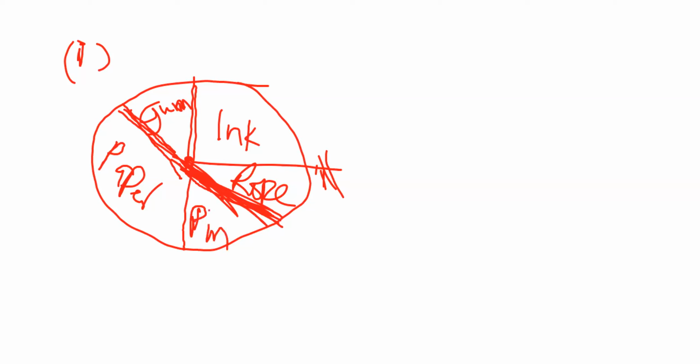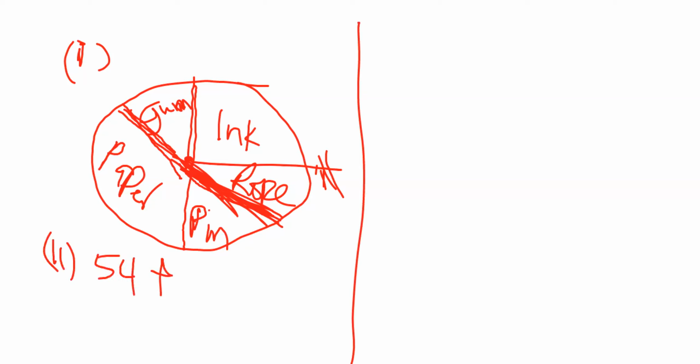So we have allocated it using your protractor to illustrate that, or whichever method you have adopted. Then Roman figure 2, we saw 54 plus 18, plus 36. Rope is how much? 36 degrees.